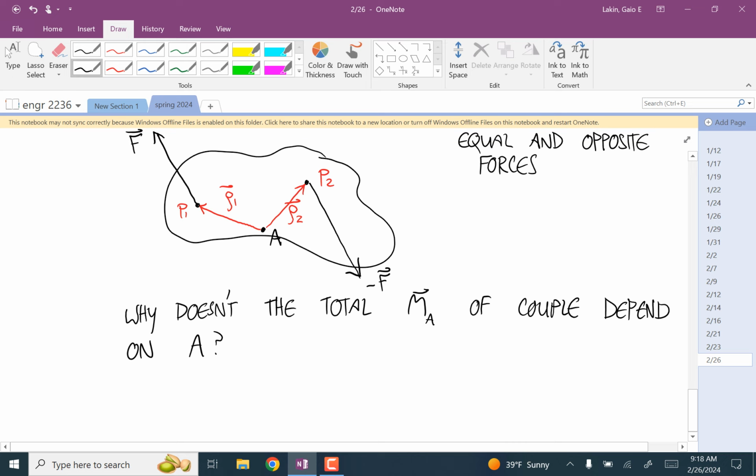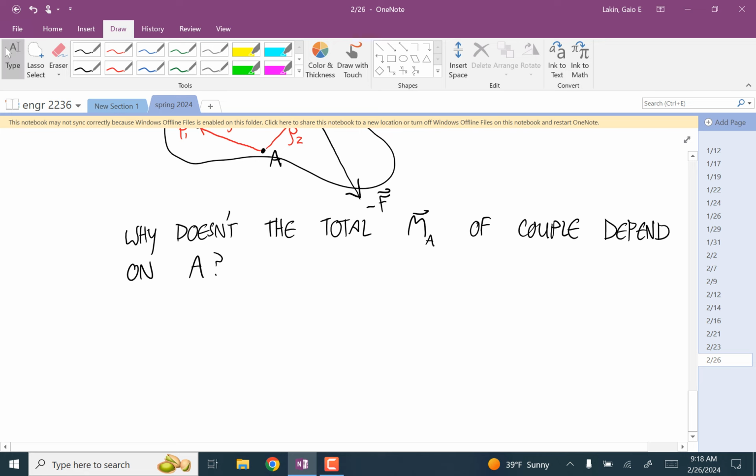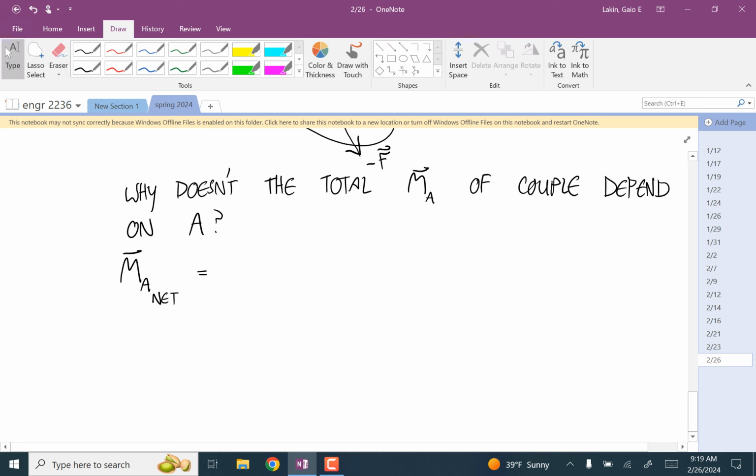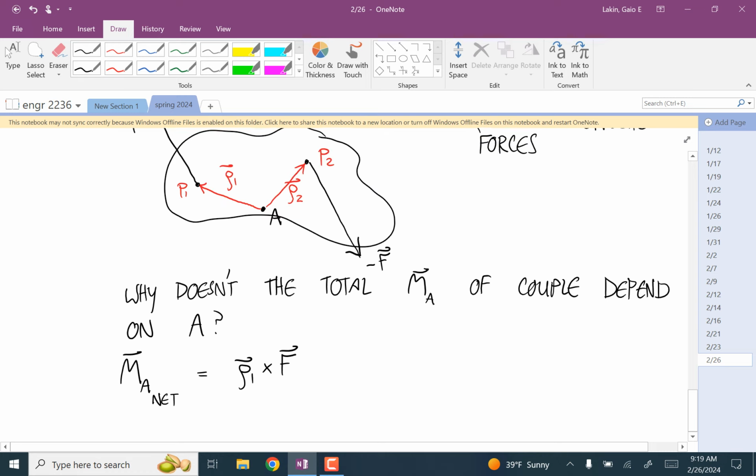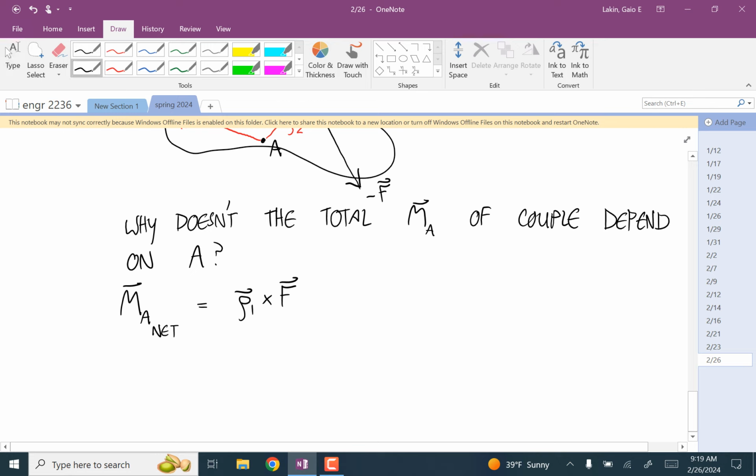Well, let's first calculate the moment that's produced by F. We're calculating the total moment here. And this is rho 1 crossed with F. And then we have to add on the moment produced by the other force.